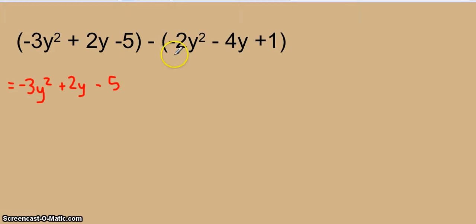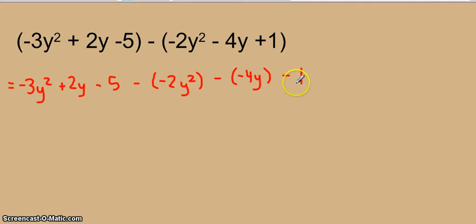So we are subtracting negative 2y squared. We are subtracting negative 4y. And we are subtracting positive 1.